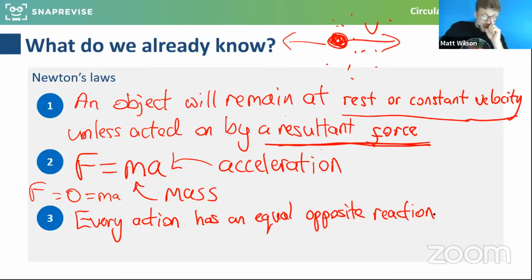So this one won't be as important today, but essentially what this says is if I ever push on something, so here's my hand pushing on my arm, then I have this thing exerting a force on this thing, then my arm, the thing having a force exerted on it, will exert a force back. And that's what I can feel in my hand. My hand pushes on my arm, and equivalently, my arm is actually pushing on my hand.